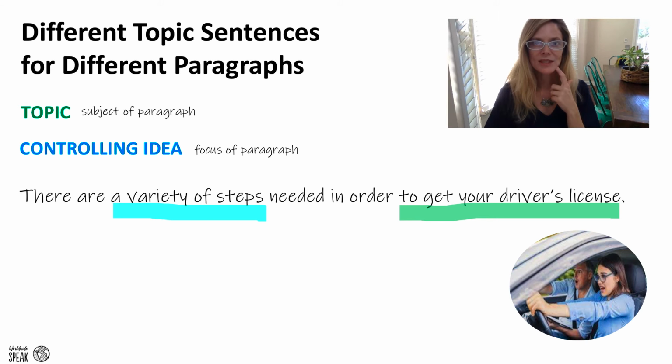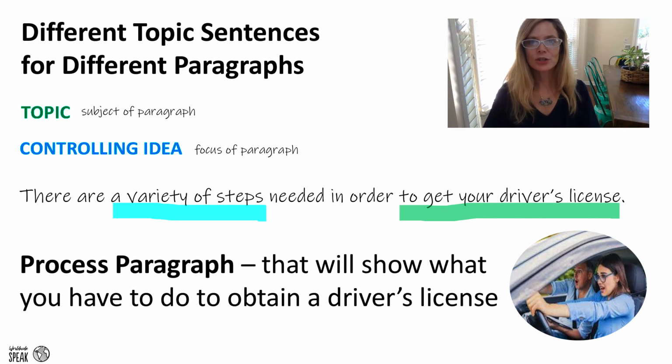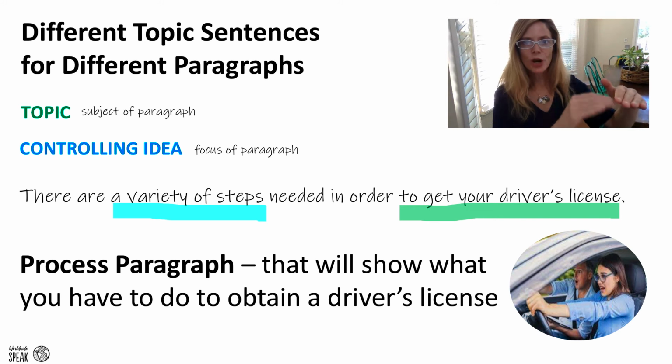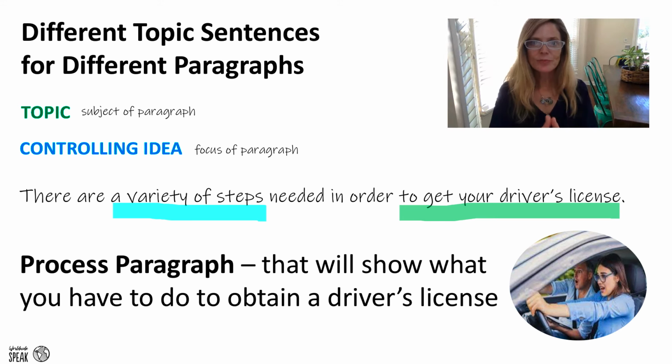Now, I'm thinking for this topic sentence, it's a very good one to show the steps in a process. This would be perfect for a process paragraph that showed all of the steps you needed to take in order to obtain or to get your driver's license.